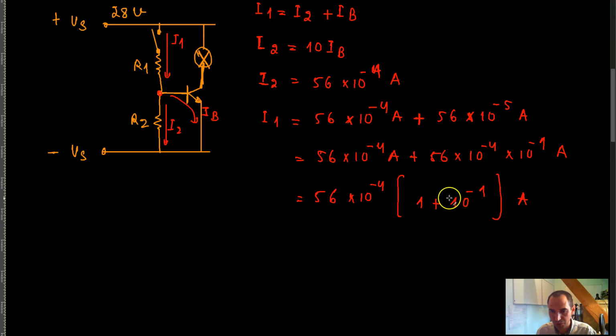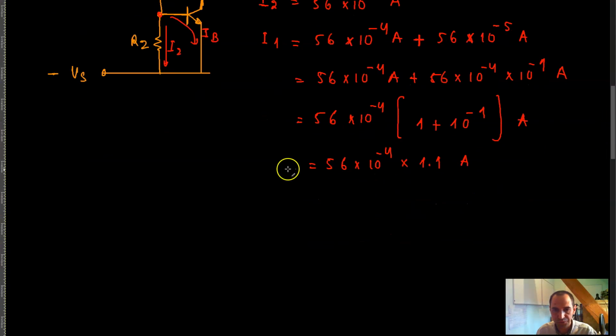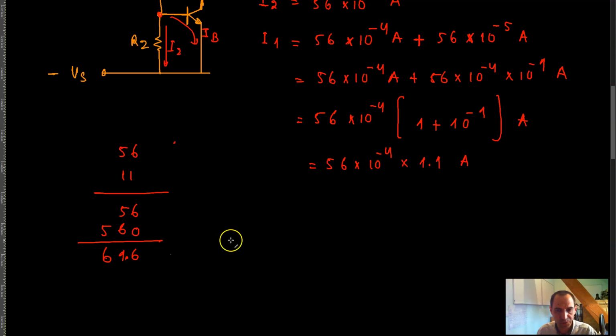So that's 1.1 times 56 times 10 raised to the power negative 4, all in amps. And what is 56 times 11, with a decimal place in there? That's 616, so that's 61.6 times 10 raised to the power negative 4 amps.